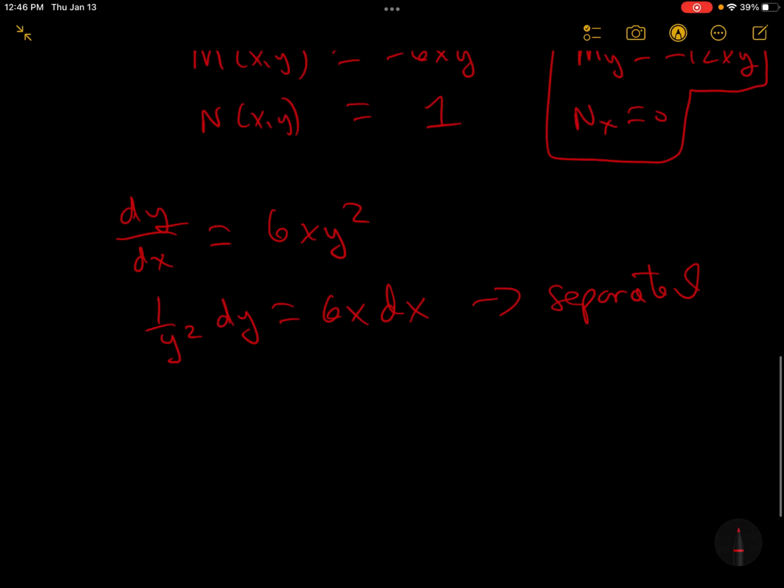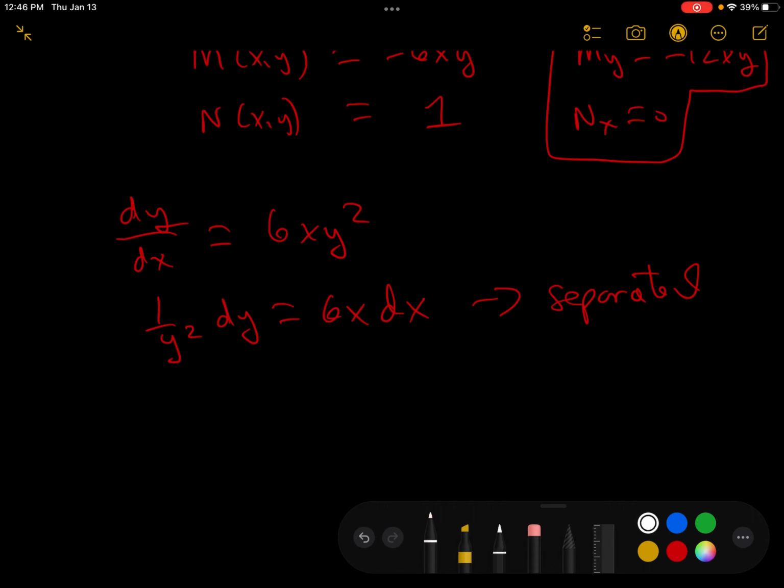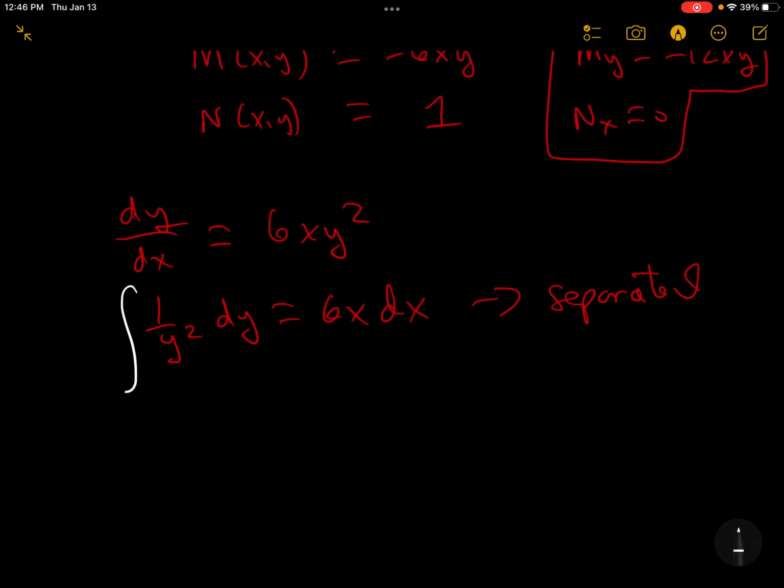All right, now let's integrate. Integrate the left-hand side and the right-hand side. So rewriting this, I have the integral of y to the minus 2 dy equals the integral of 6x dx.